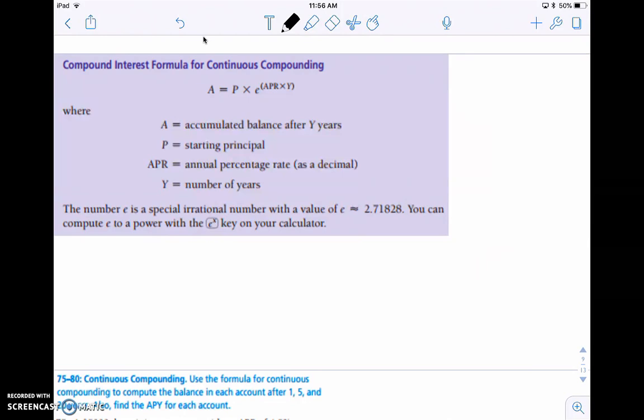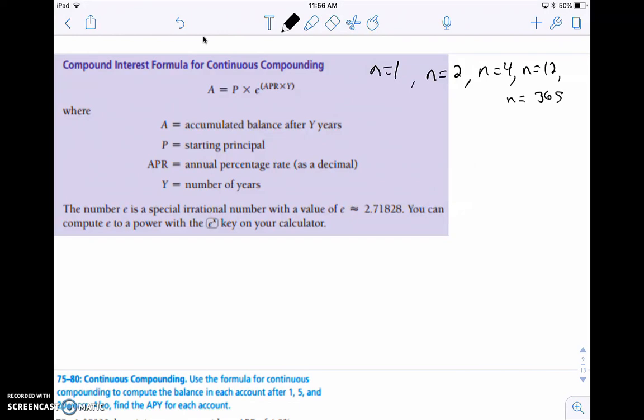So when we look at compounding when n equals 1, that's annually. Semi-annually is 2. Quarterly is 4. You can get monthly, which is 12. You can get daily, which is 365. You can go down to hourly, every minute, every second. And compounding continuously is always compounding.